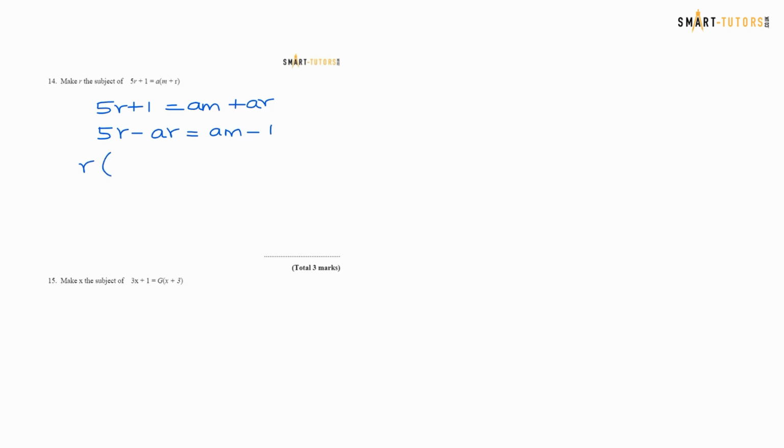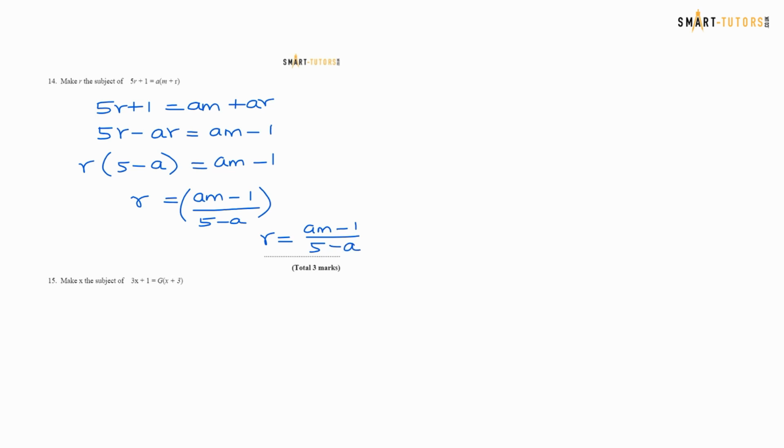So r bracket 5 minus a equal am minus 1. So r equal am minus 1 over 5 minus a. So that is the answer for r. So r equal am minus 1 over 5 minus a.